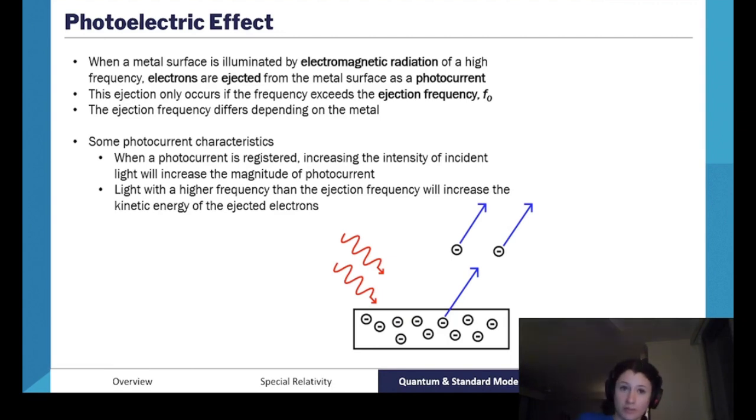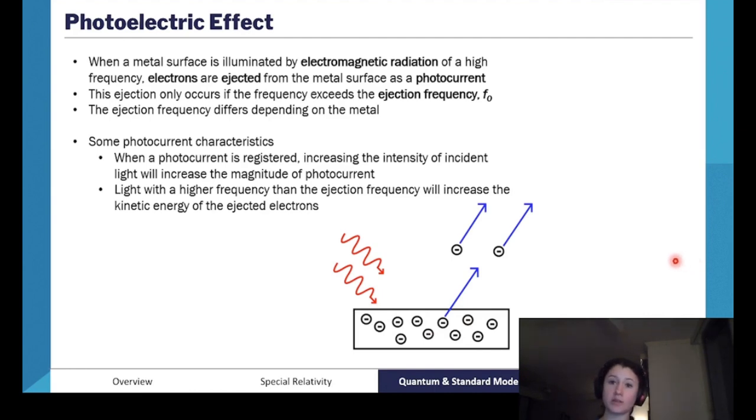What we actually see is that the energy of the electrons is equal to the energy given by the frequency minus the energy required for the electron to just jump out of the metal, right?